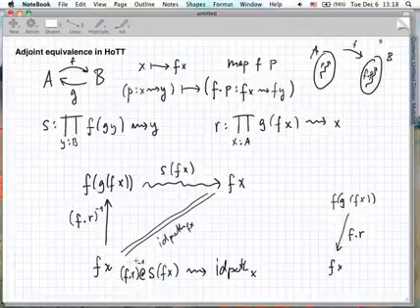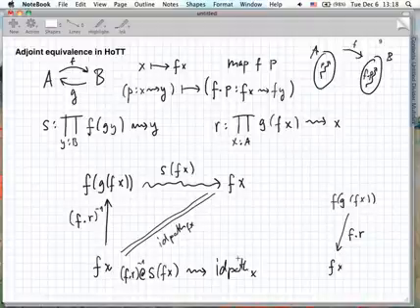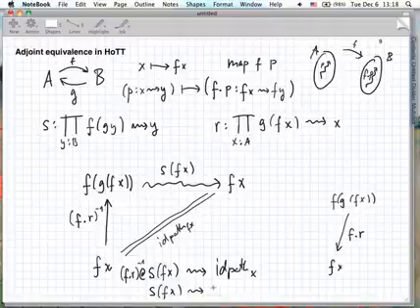It turns out this -1 you can put on the other side, first of all, without loss of anything. So you can just say SFX has a path to FRX.